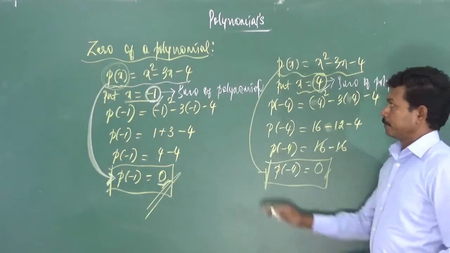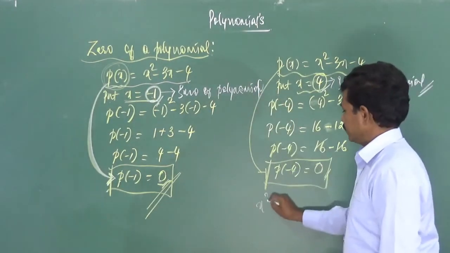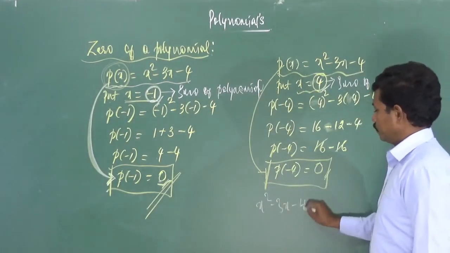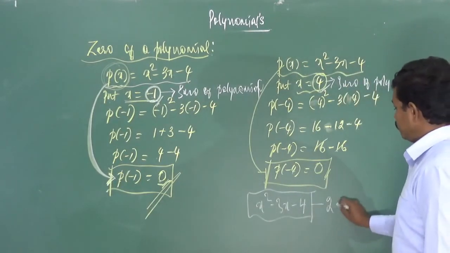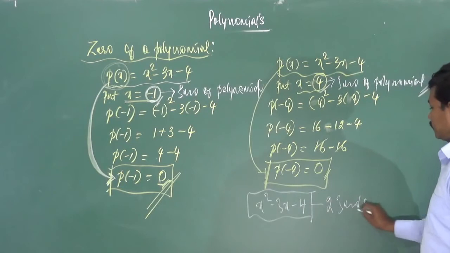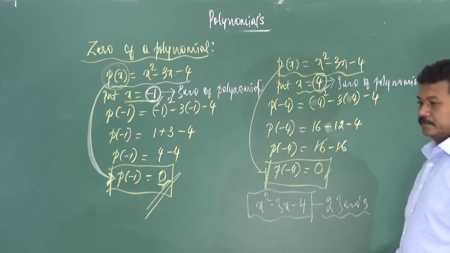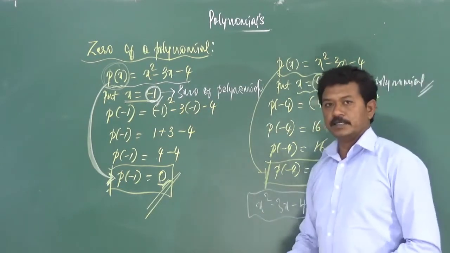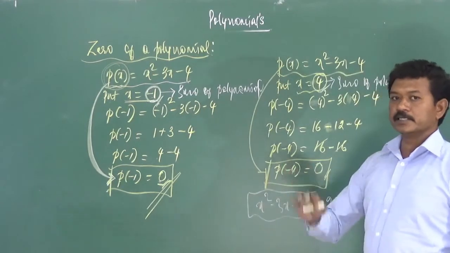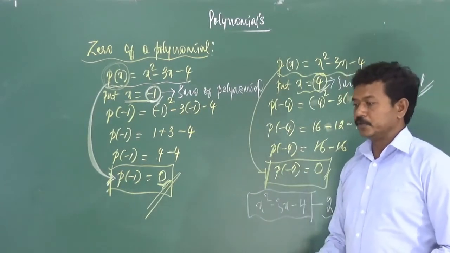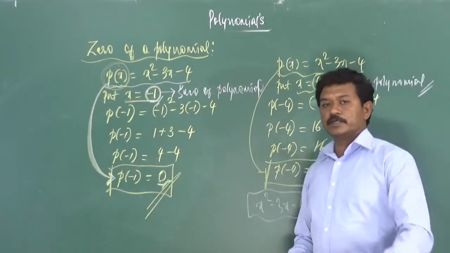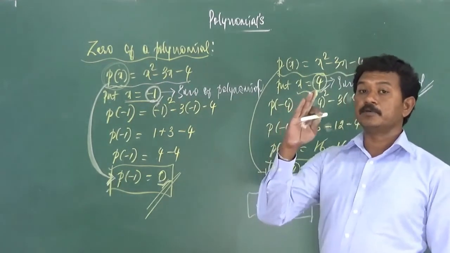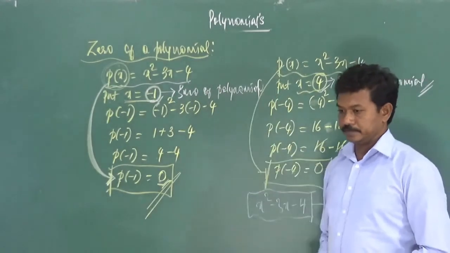So therefore for x square minus 3x minus 4, for this quadratic polynomial we have 2 zeros. That's very important. It doesn't have more than 2 zeros. So we usually say that for a quadratic polynomial there are at most 2 zeros.